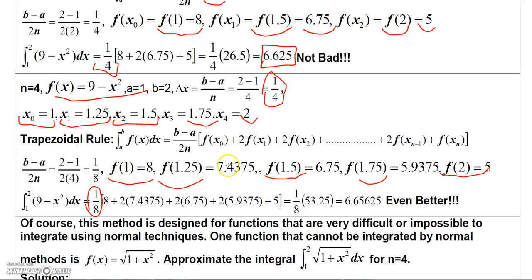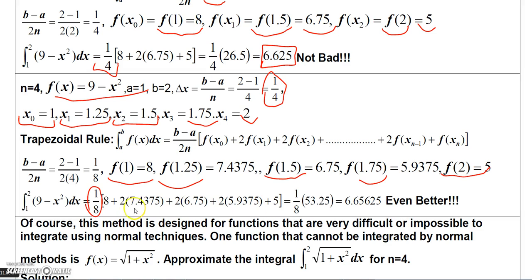So I got the values, and the first value is f of x0, or f of 1. So I have f of 1, plus 2 times f of 1.25, plus 2 times f of 1.5, plus 2 times f of 1.75, and then plus f of 2.